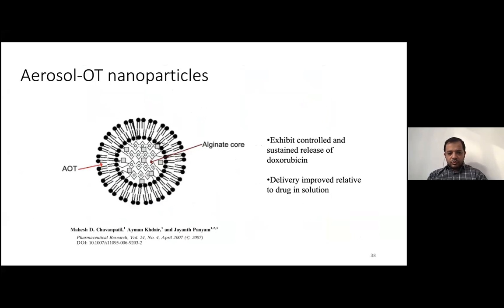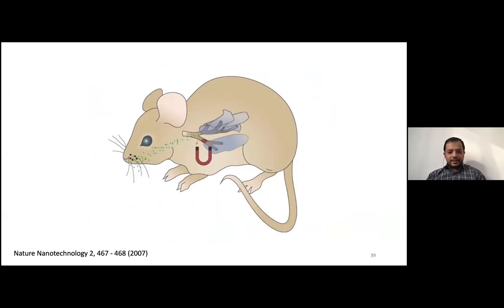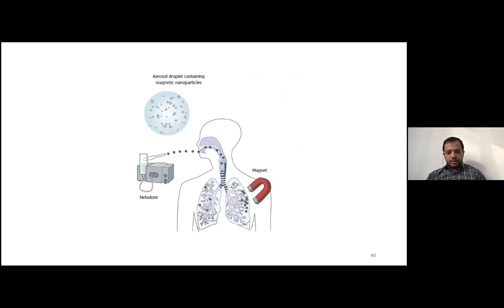Same with aerosol nanoparticles that are magnetized, and by breathing them, whether it's a subject here, a rat, or a human patient, by breathing these magnetized aerosols, you can deliver the particles into the right location where you want. Right.